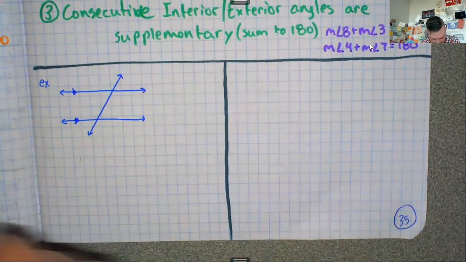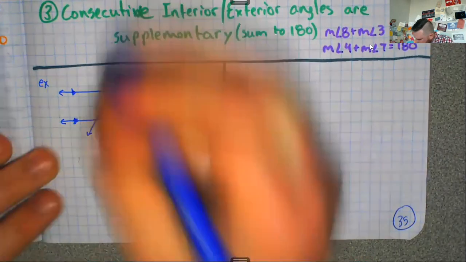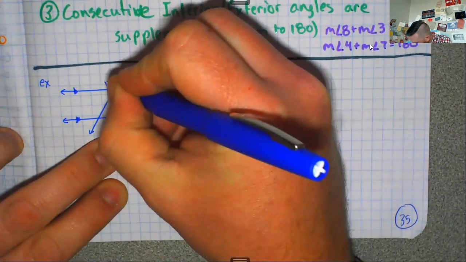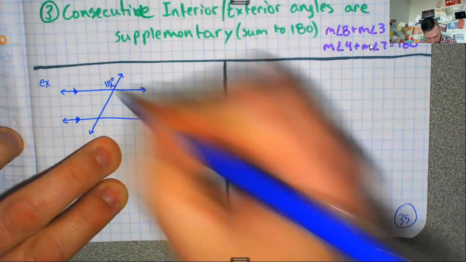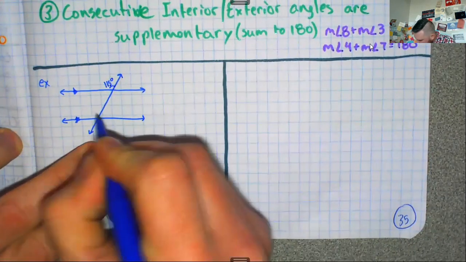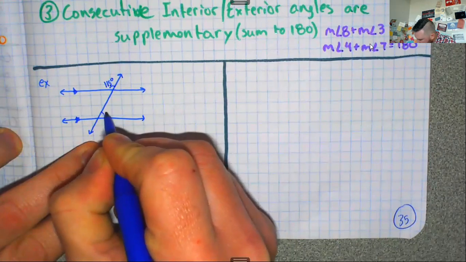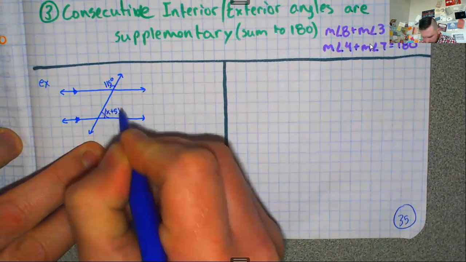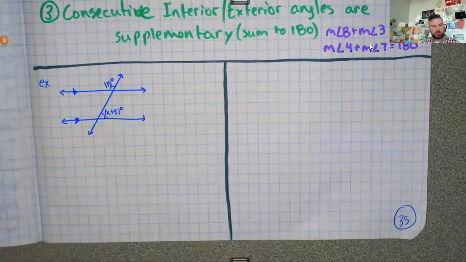It says this angle will be 115 degrees. And this angle right here is x plus 5 degrees. I need to figure out what x is.